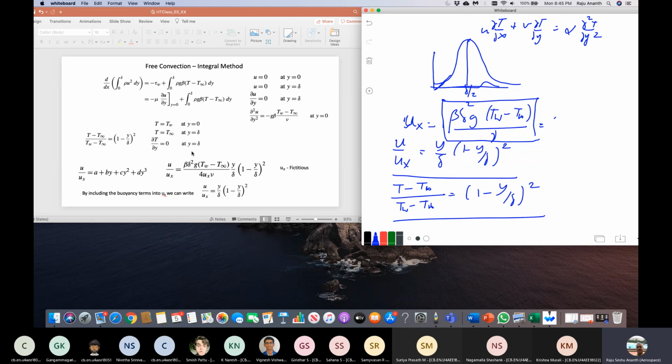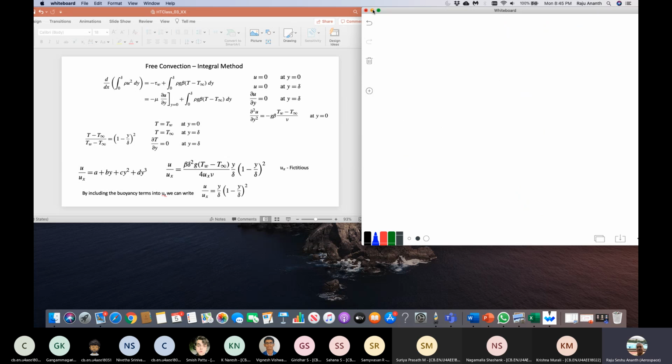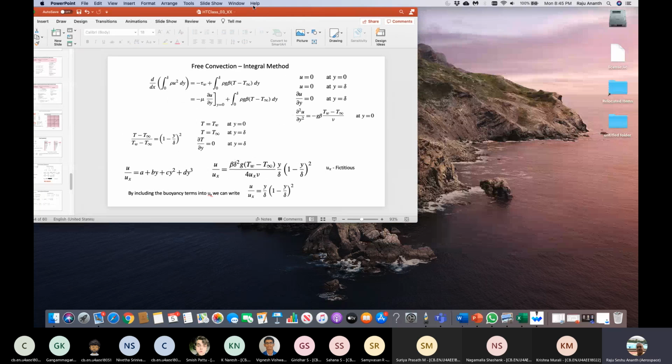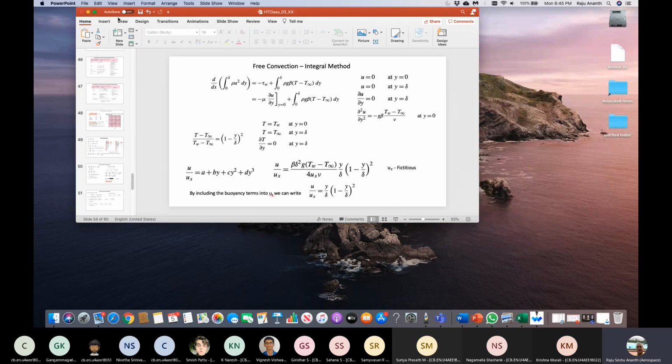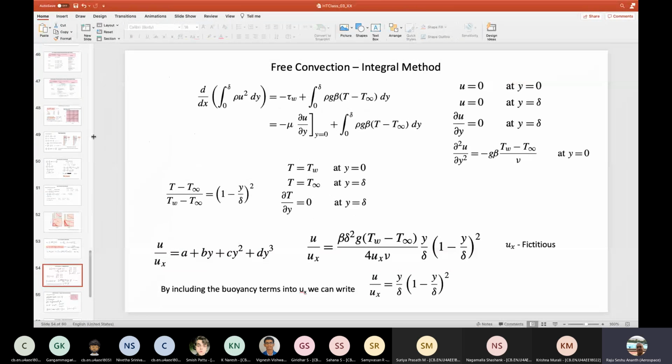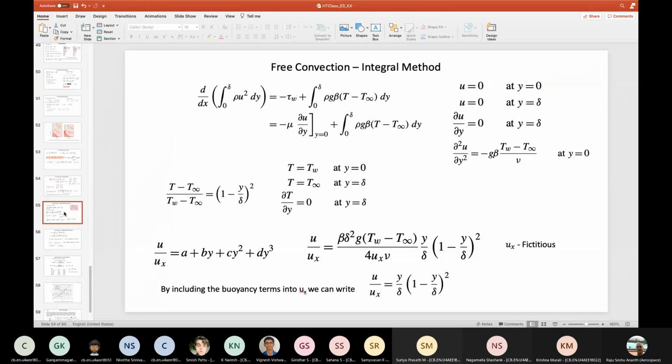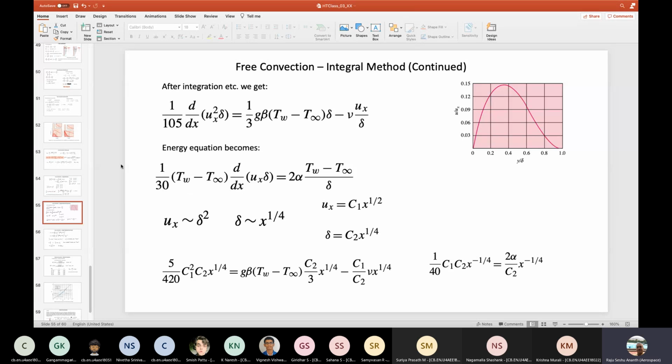Okay. All right. So now we can substitute this into the momentum and energy equations and solve approximately. But I don't think I've done it here. Let me see what I have done. I think it will be the same exercise as before. Okay, so I have done this. If I integrate this, just the velocity profile, I'll find the buoyancy force coming on the right, and then this is the negative coming out of the ux.